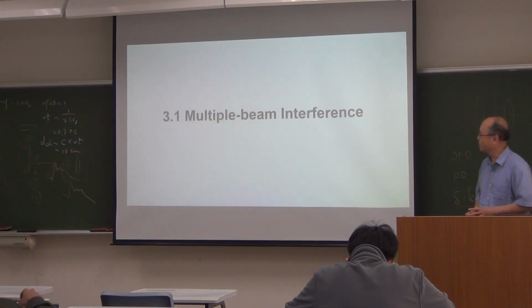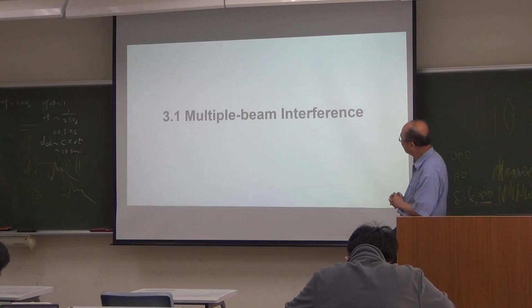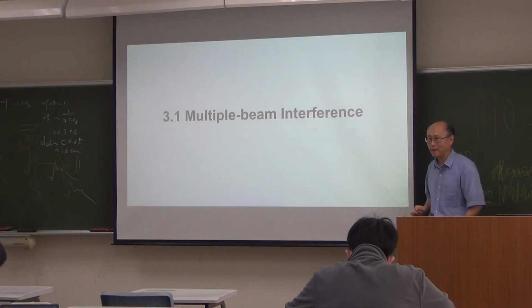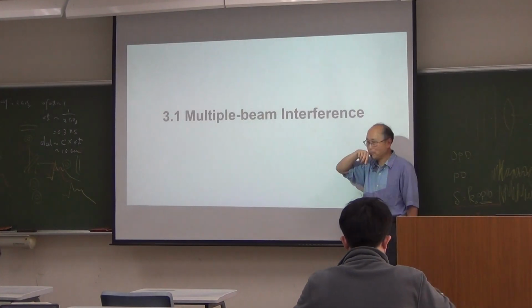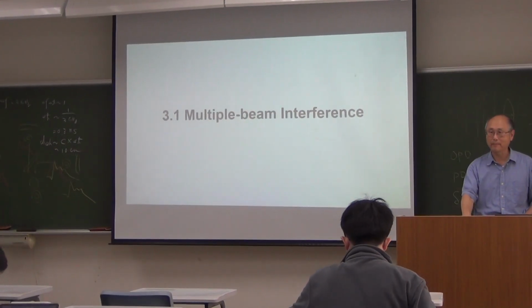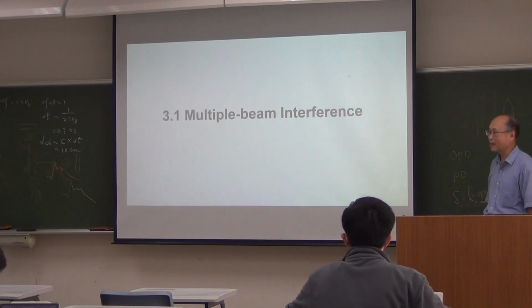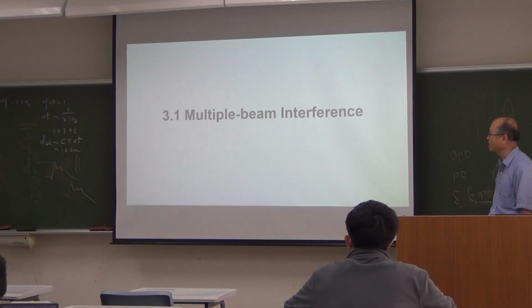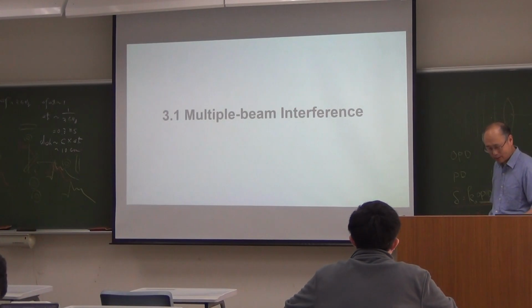Then let's continue to look into what we call multiple beam interference. Previously we only had two beams, but what if we have many beams? Then that could also generate interference if there's enough coherence.